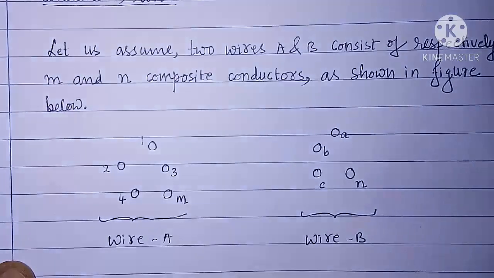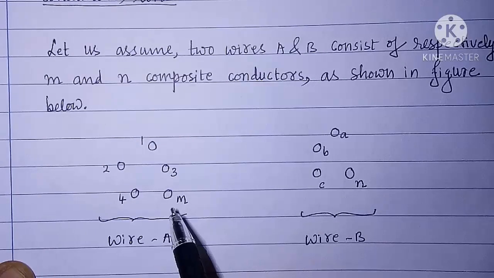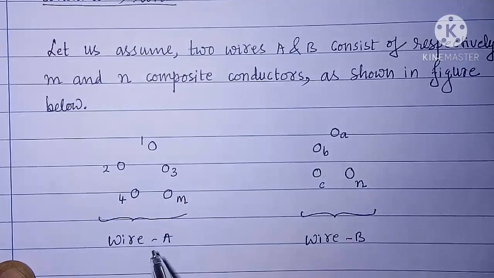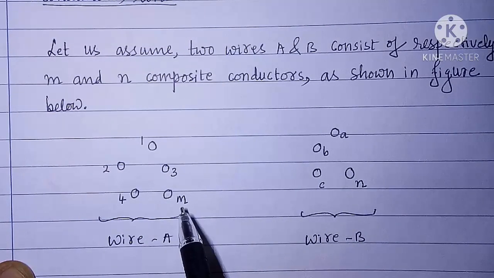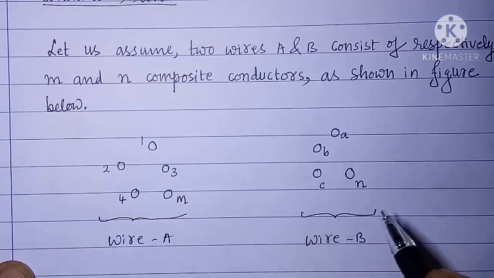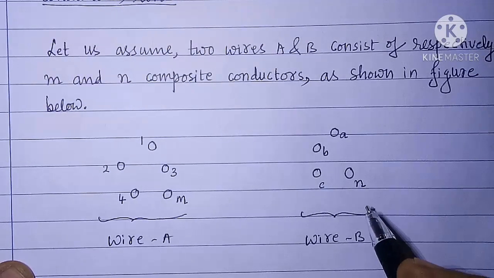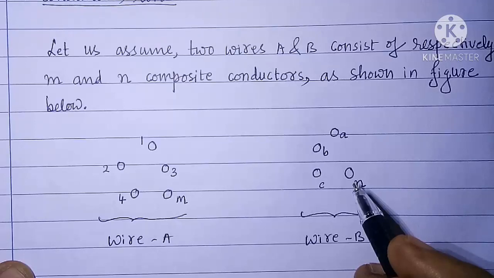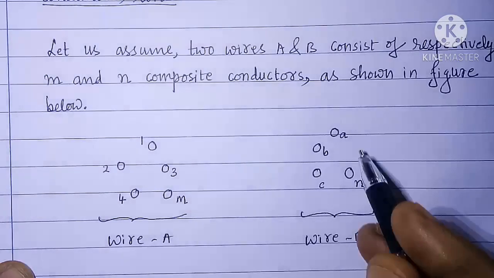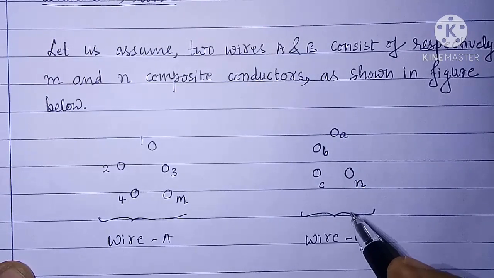If there are m number of conductors, then the current flowing through wire A will be divided into m paths, and if there are n number of conductors, then the current that is flowing through wire B will be divided into n paths.